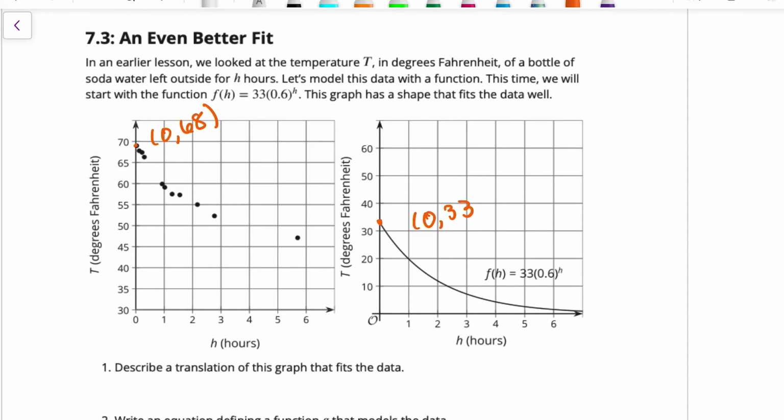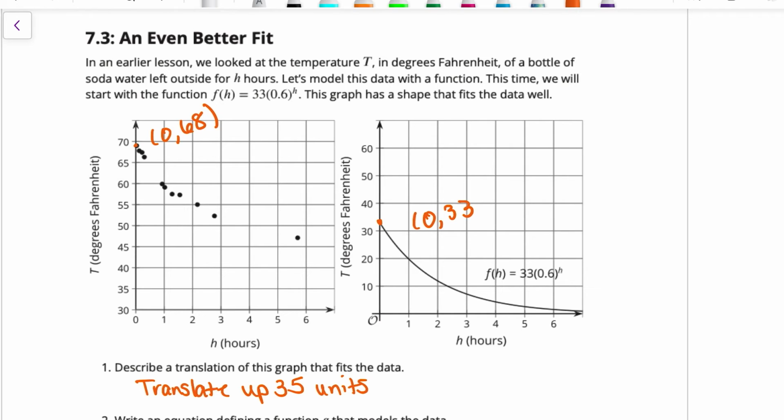So we want to maybe go up 35 units, and yeah, so we could translate up 35 units.